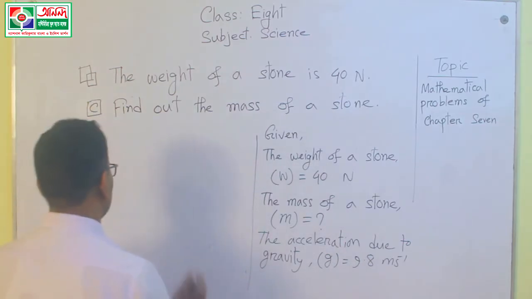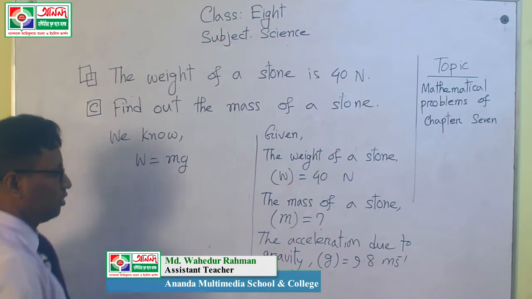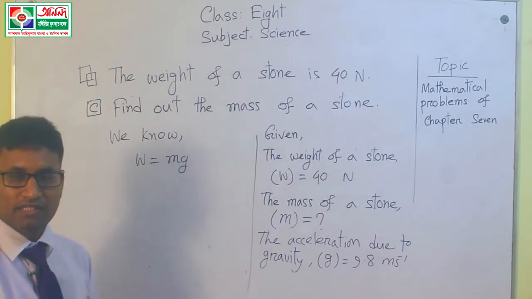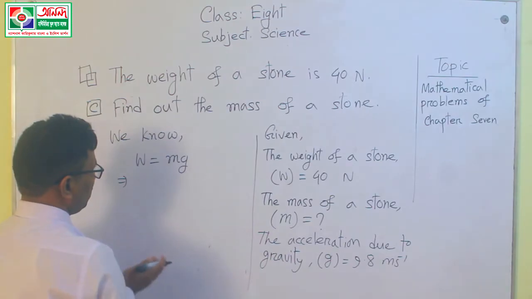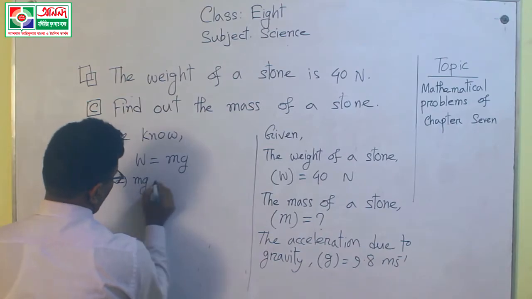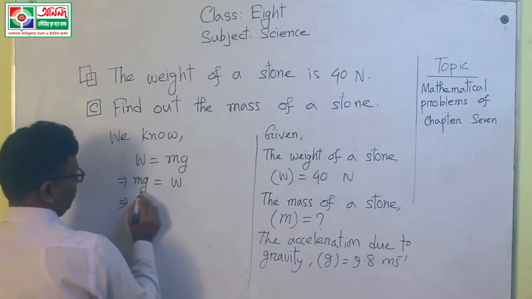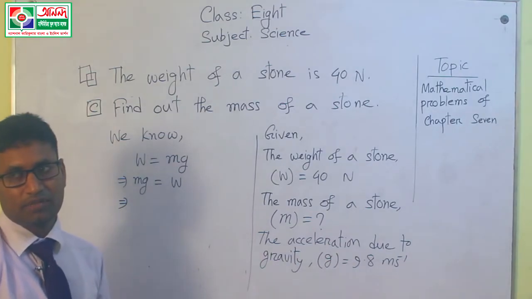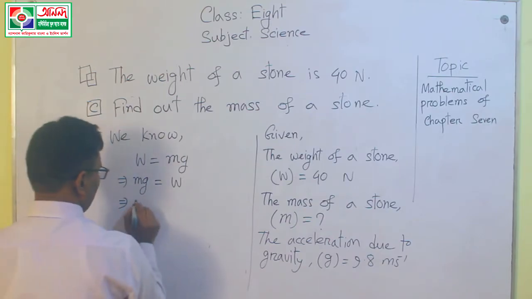Now we know W equal m into g, and from this formula we will calculate small letter m, that means the mass of the stone. So m into g we will transfer to the left side, and W to the right side. m and g are multiplied in the left side, and we want only m, so m stays on the left side.